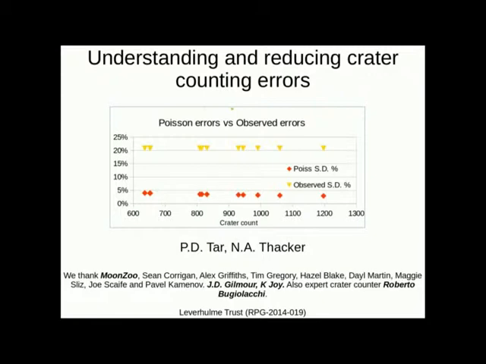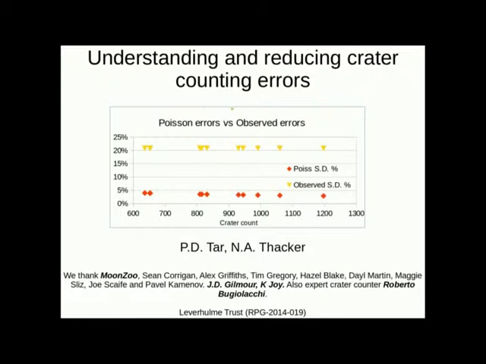Now, the yellow triangles show a 1 standard deviation error computed from, I believe it's table 1 in the Robbins Icarus paper, and the red diamonds are the conventional Poisson assumed errors, which has been standard within crater counting for many decades now, which is simply the square root of the counted quantity.